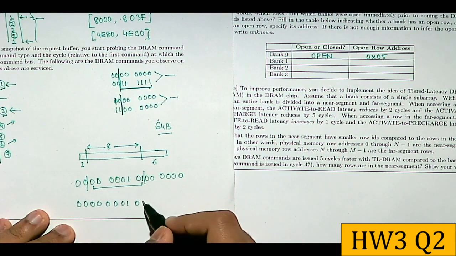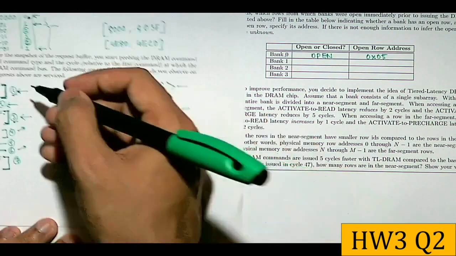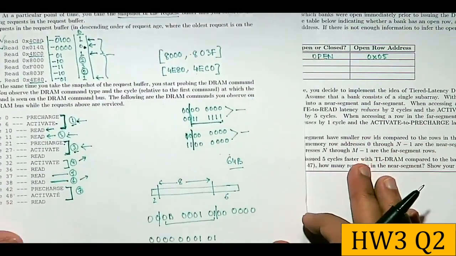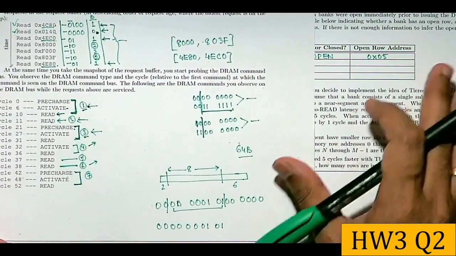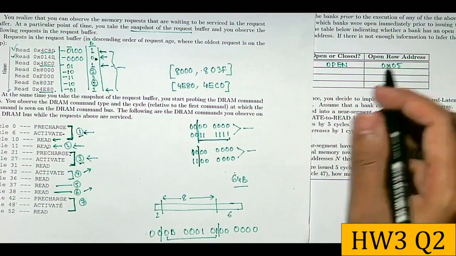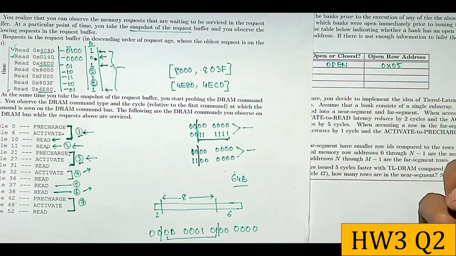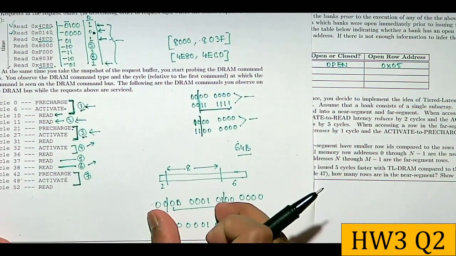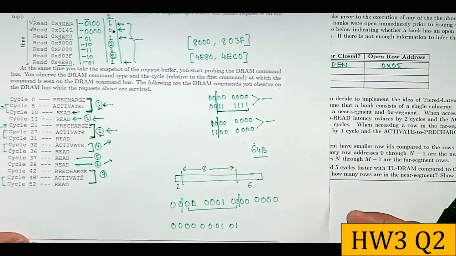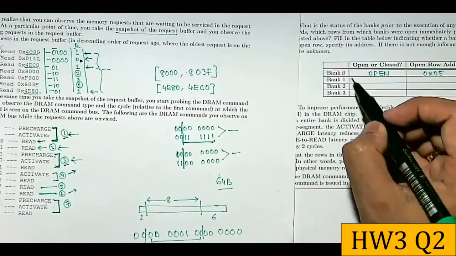So this is the first address basically. But this is how you should approach the question. The open row address would be the first row address, I guess. This portion will be 0 for the first address anyway. Make sense? Okay.